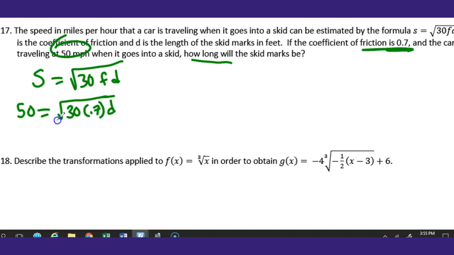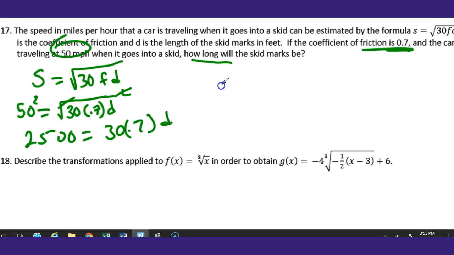So the first thing we need to do is square both sides because I need to get rid of that radical. I can't solve for D until this radical is gone. So 50 squared is going to be 2,500. 30 times 0.7 times D. And now I can multiply 30 times 0.7, which is 21.